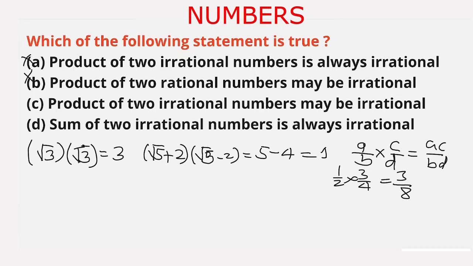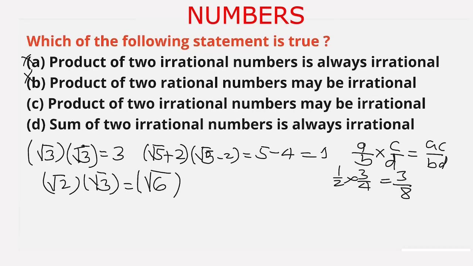And for the other part, root 2 multiplied by root 3 is root 6, which is irrational. Thus, statement C is correct. Product of two irrational numbers may be rational or may be irrational.